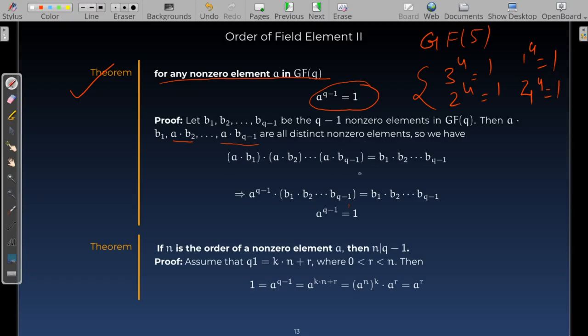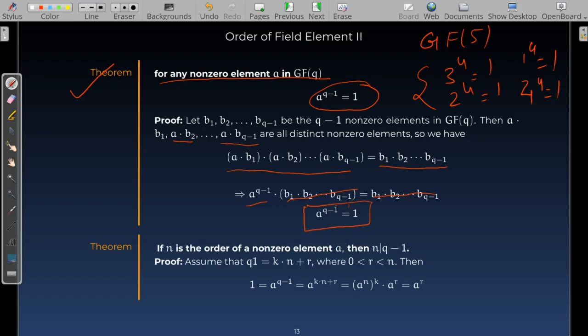So if you multiply them, you must get the same value. So this must be equal to this. Or if you simply change the order, you will get a to the power q minus 1 times b1, b2, up to b(q minus 1). Here again b1, b2, up to b(q minus 1). Using the cancellation, this will be cancelled out with this, and you will get a to the power q minus 1 equal to 1.